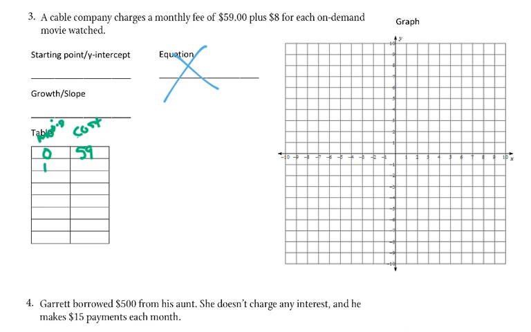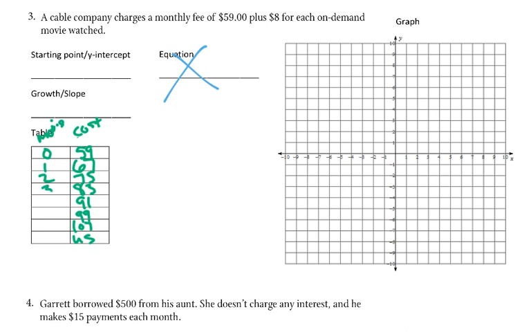And then if we watched one movie that month, we would add 8 more. So $59 plus $8 would be $67, plus 8 would be then 75, then 83, then 91, and 99, 107, and 115.